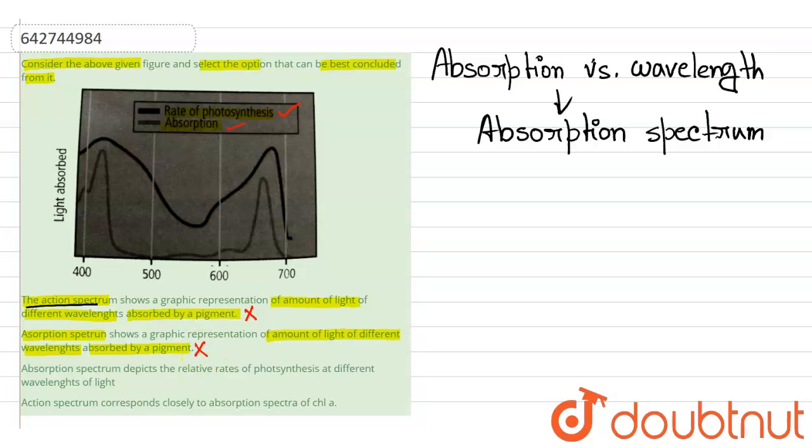Now the third statement, that is absorption spectrum depicts the relative rates of photosynthesis at different wavelengths of light.